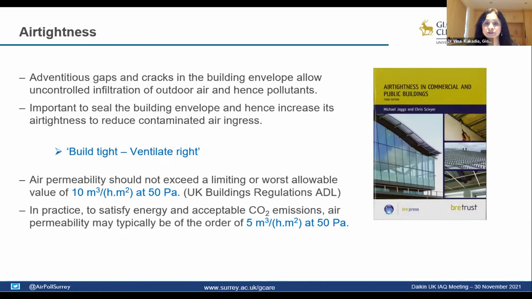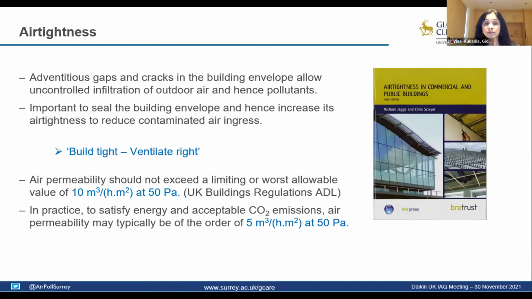Obviously there is some deposition through the building fabric, but if they're very fine particles or gaseous, they'll go straight through. So it is important to seal the building envelope and increase its air tightness and reduce contaminated air ingress. And the logo that we normally use is, build tight, ventilate right. So once your building is airtight, then you bring in air from an appropriate clean air part of the building and ventilate the building.